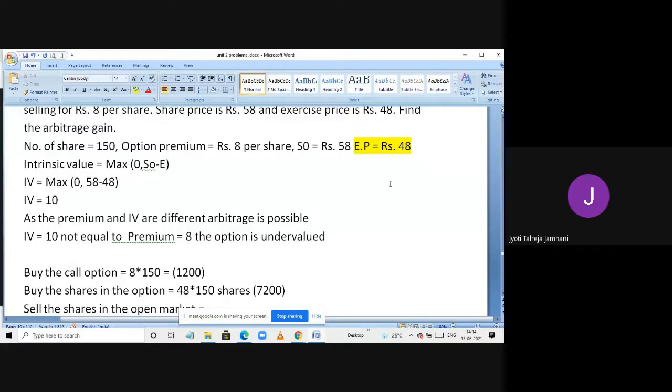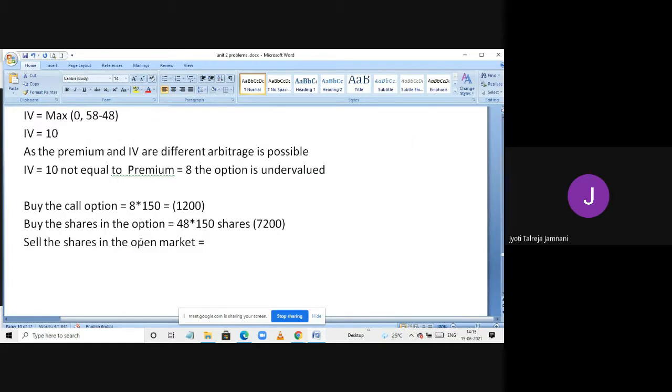You're going to sell it for the market price. And how much is the market price? It is the S naught value. It's 58 rupees. Okay, so you're going to sell it for 58 rupees. 58 into 150 is 8,700.